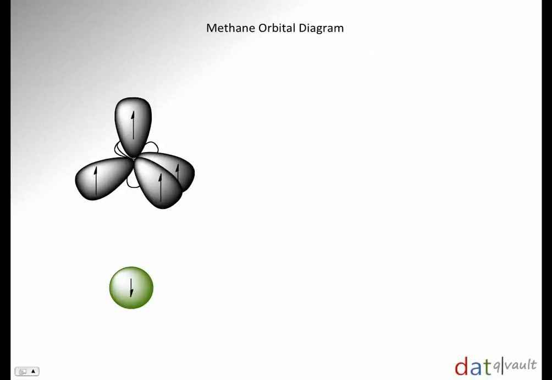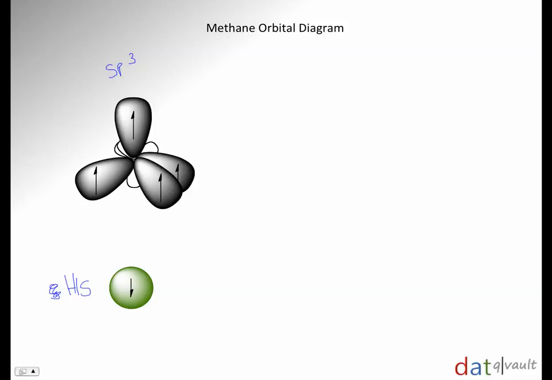Alright, now let's form our methane molecule using our sp3 hybridized orbitals of carbon, and now we have our s orbital of hydrogen. So this is a hydrogen 1s orbital. It has one electron in it.